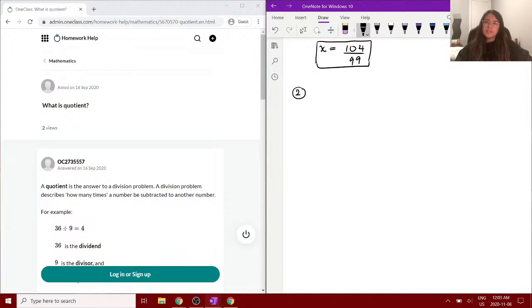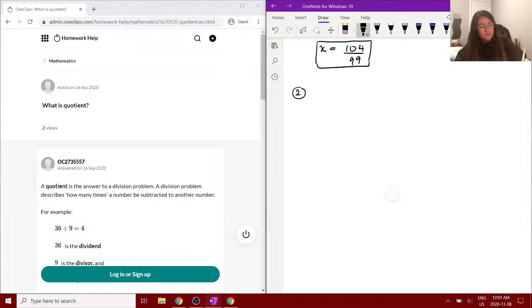Okay, the second question is asking, what is a quotient? So a quotient is the answer to any division problem. And it says here that a division problem describes how many times a number can be subtracted from another number.